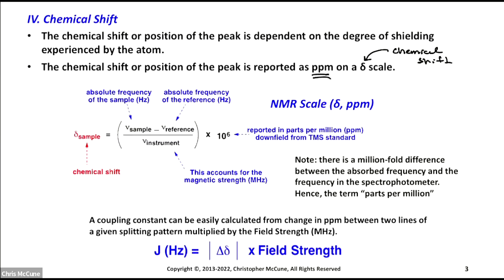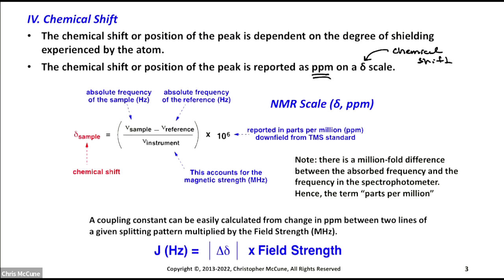And so I've just shown why we call it parts per million, because basically you have the chemical shift of the sample, and that equals the absolute frequency of the sample in hertz minus the absolute frequency of the reference in hertz, divided by the frequency of the instrument, and that's in megahertz. So that's going to put you into a different scale.